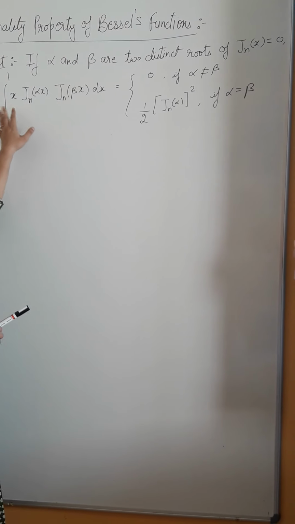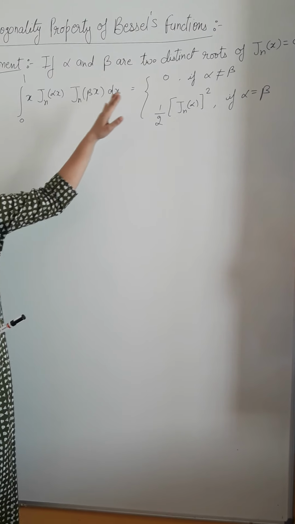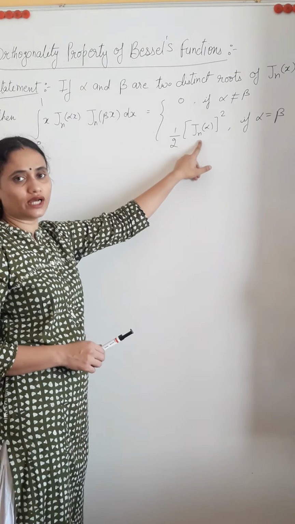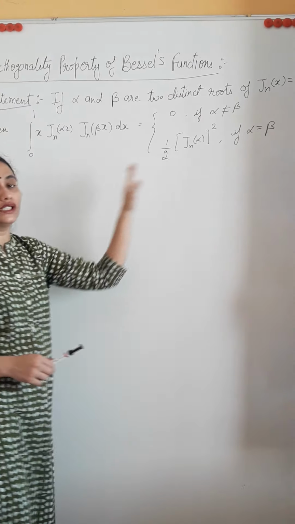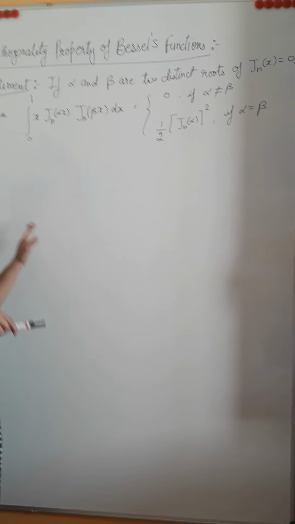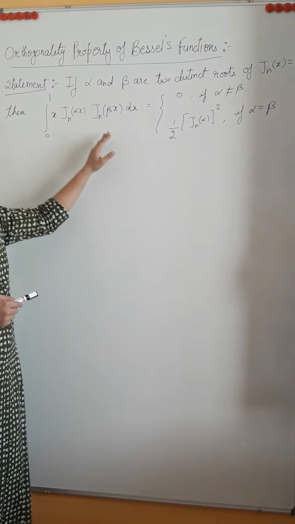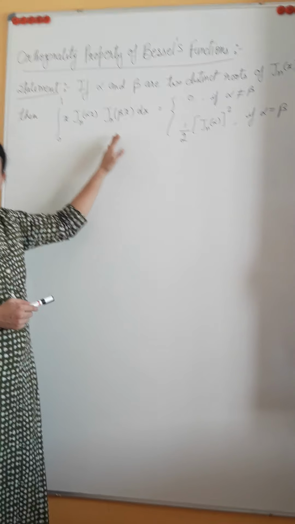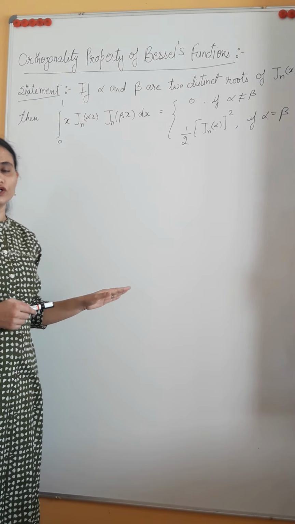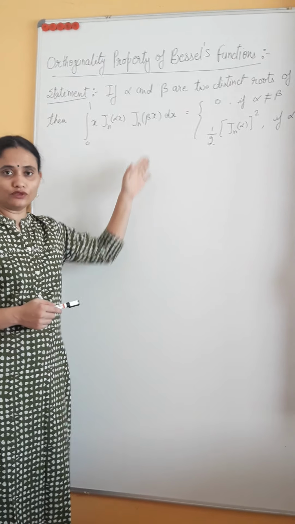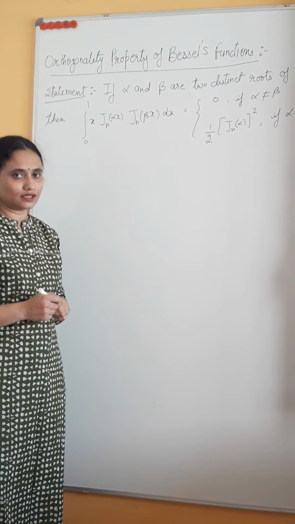Then we have to prove that this integral becomes 0 when both are not the same, and this is equal to 1 by 2 Jn(alpha) whole square if both are the same. A question may be asked as: state and prove the orthogonality property. So you should remember the statement. In that case you have to write the statement first and then prove it, or it may be given directly, prove that this is equal to this, then you have to write the proof for this property.